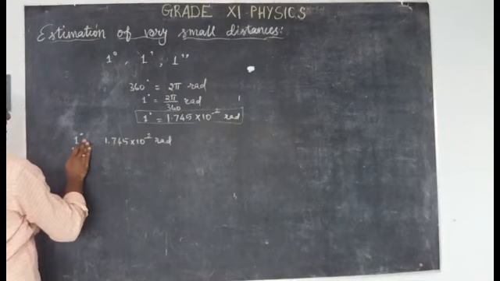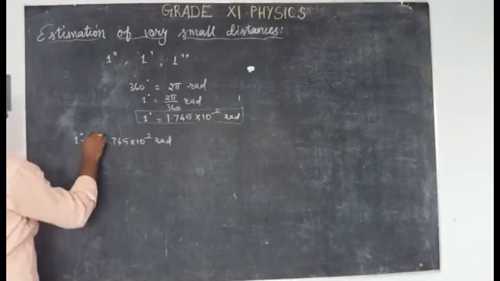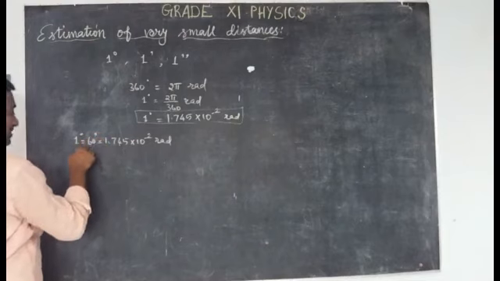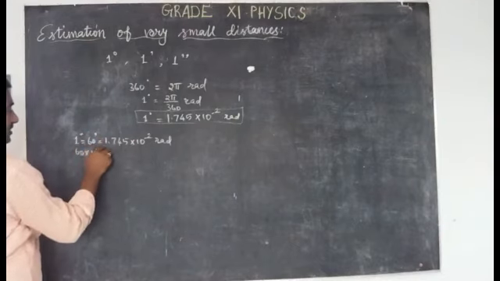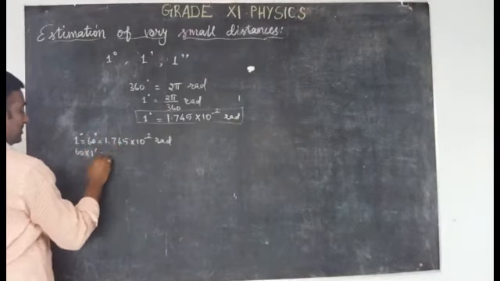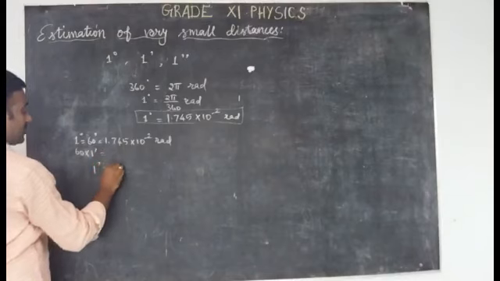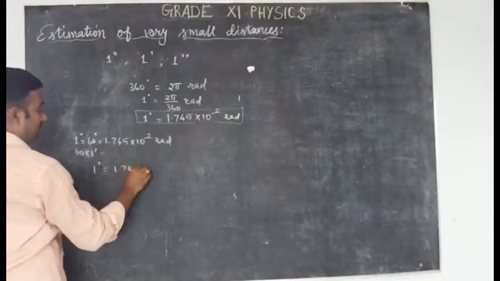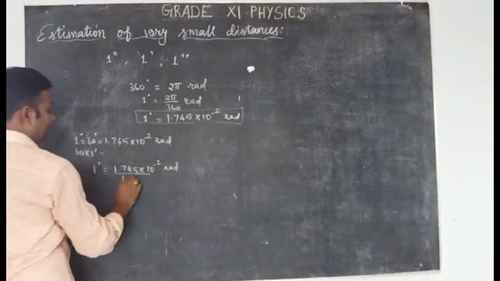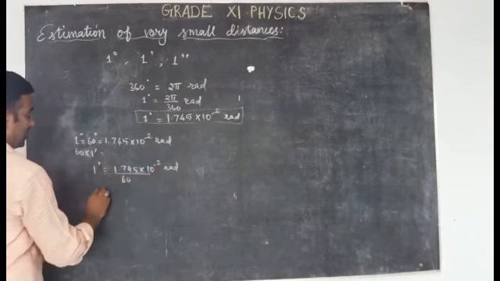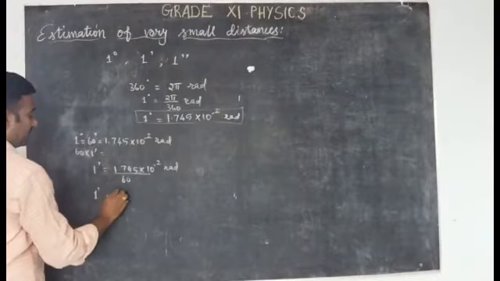This 1 degree is equal to 60 minutes. So this we can change into 60 into 1 minute, which is equal to this value. Therefore, 1 minute is equal to 1.745 into 10 to the power minus 2 radian divided by 60.